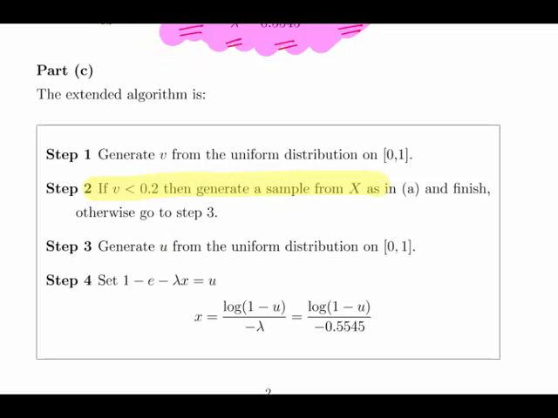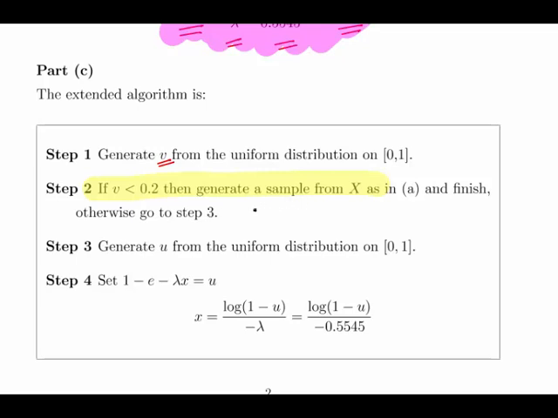So essentially we're going to generate two random numbers. In the first instance, we generate a value v from the uniform distribution. This makes our decision whether this particular random number is generated from X or Y. So if it's less than or equal to 0.2, then we generate a sample from X, as we described in part A. Otherwise, we go to step 3.